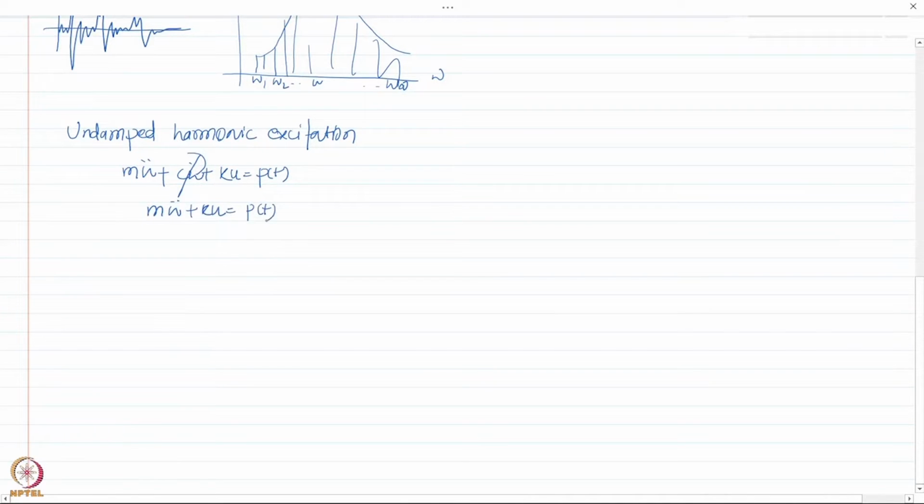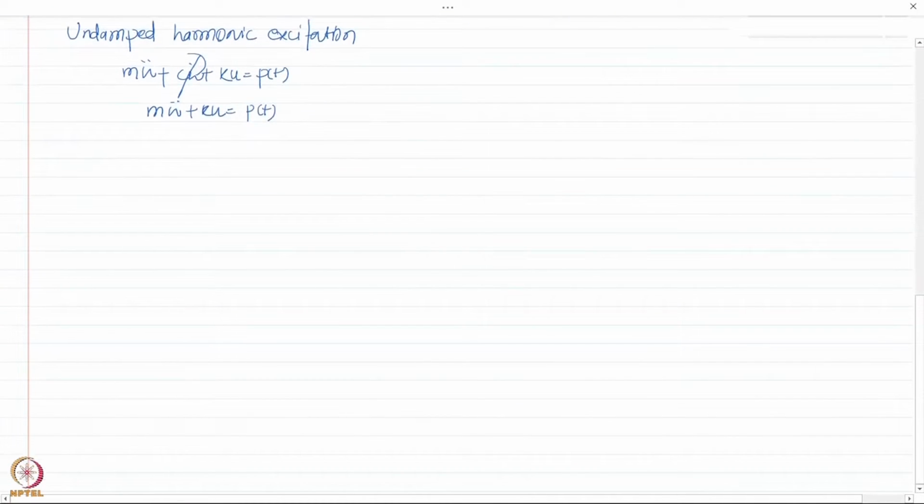Now, any harmonic excitation, p(t), can be represented as either sine omega t or cos omega t. First we will be doing sine omega t, and the response subject to cos omega t would not differ by much.